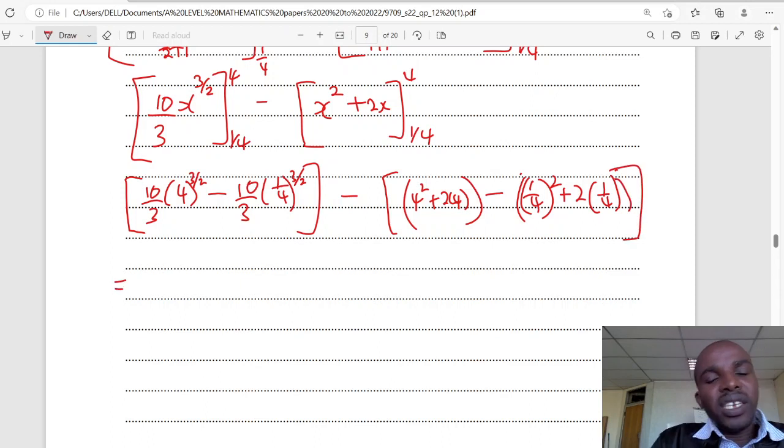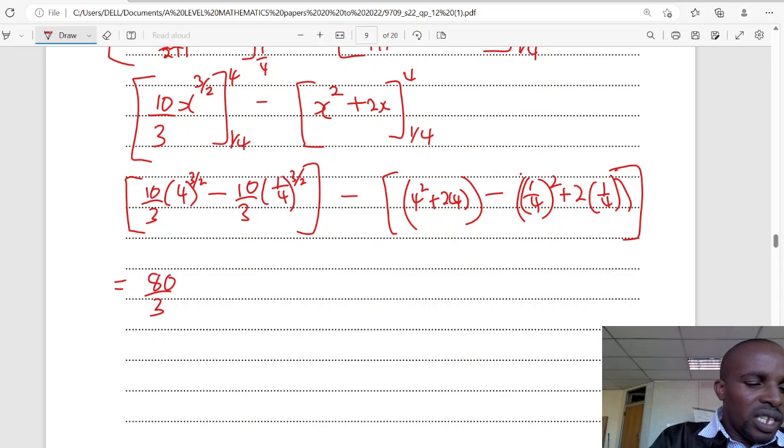Then you simplify. 4 to the power 3 over 2 is actually the square root of 4 cubed, that's 2 to the power 3, which is 8. 8 times 10 over 3 is 80 over 3. Or let me just punch everything in the calculator.